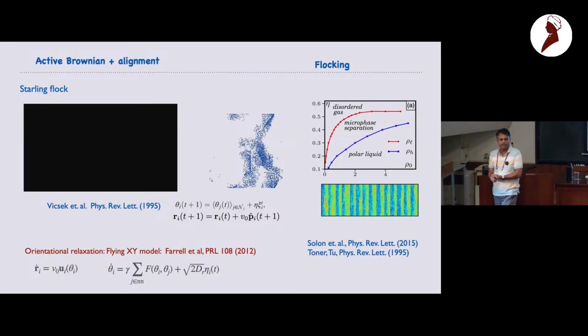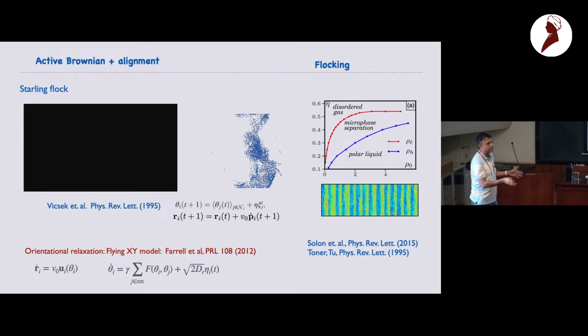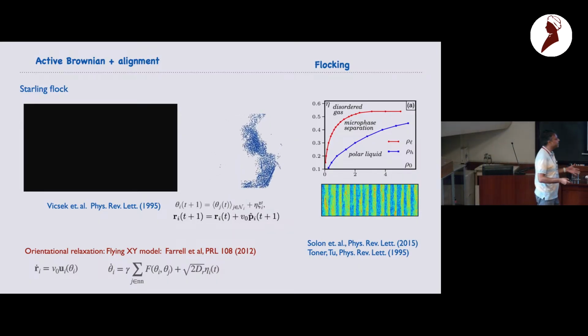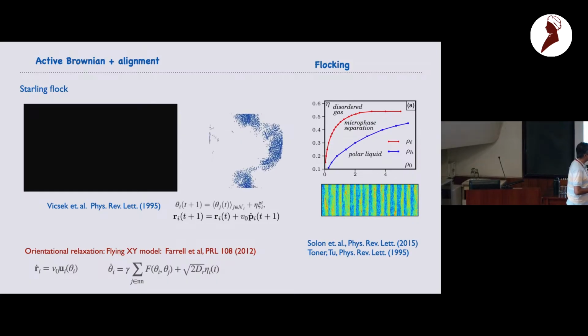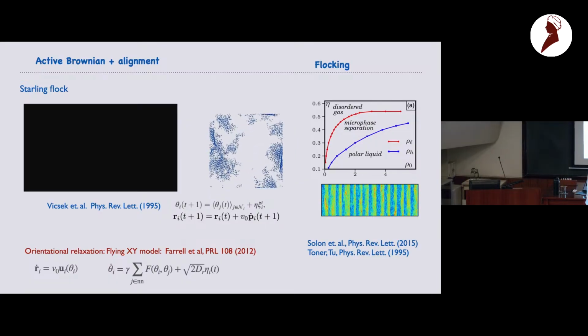So depending on the value of the noise, I may be able to completely align with my neighborhood, or I can fail. And that gave rise to a phase transition between an isotropic and sort of non-motile phase, and a polar phase, in which you have this polar flux which goes in a certain direction.